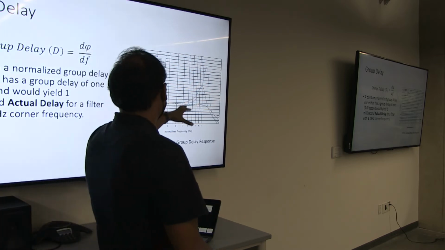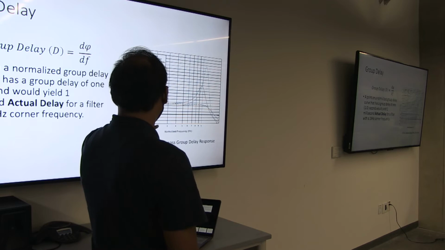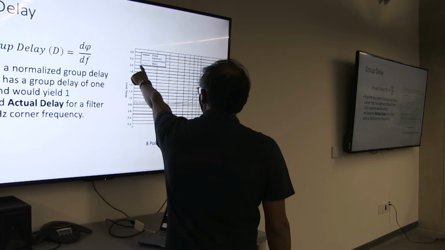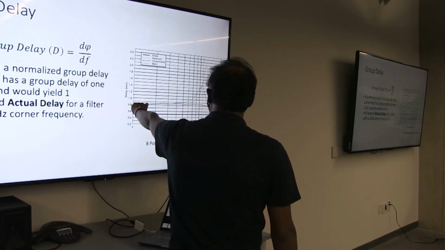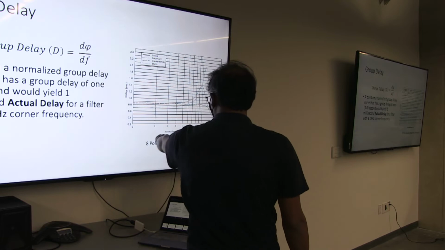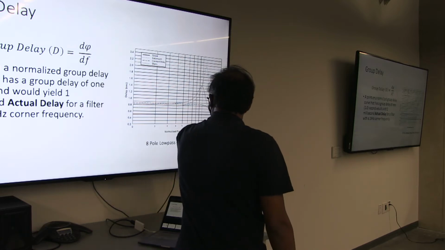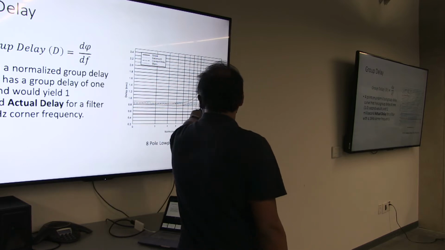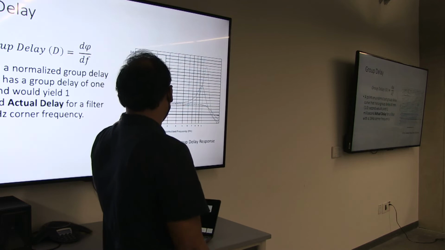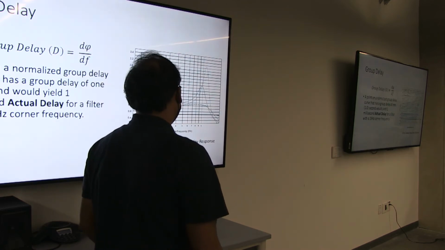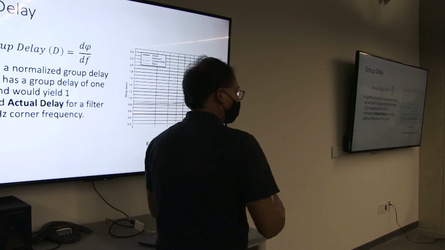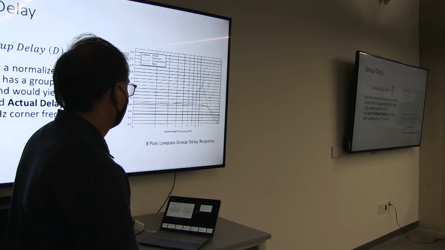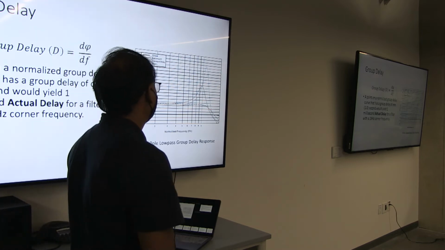If you look at this plot, what this plot tells us is, for example, if we take a constant delay filter, and we take the normalized frequency to be 1, the delay is around 0.85. So this will tell us what will be the delay of the output signal if an input signal passes through this elliptic constant delay filter.